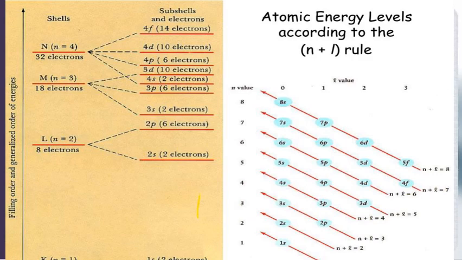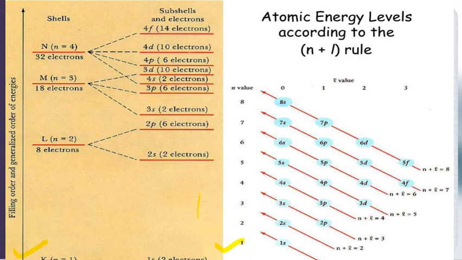Here you can see the first shell is filled first, that is n=1, where there is only one orbital, that is 1s. As I told you, 1 belongs to the first orbit. Right? Now the second shell, that is the L shell, consists of 2s and 2p.